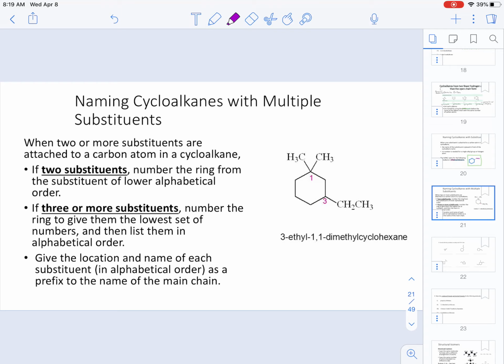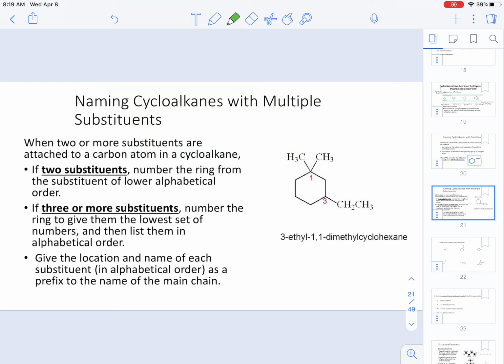In the case that we have 3 or more substituents, we're going to be numbering the ring to give them the lowest set of numbers, and then we're going to list those substituents in alphabetical order. So let's go through an example.